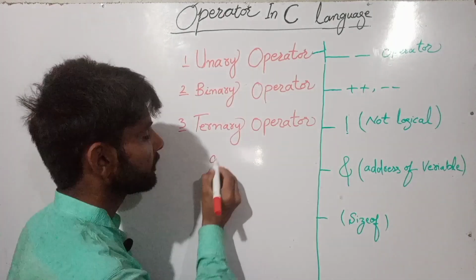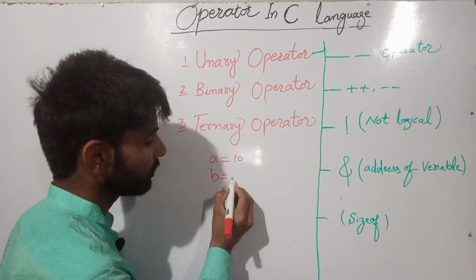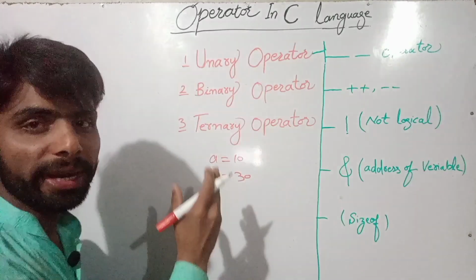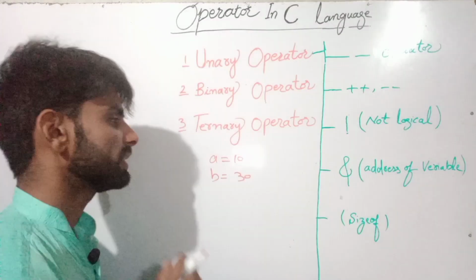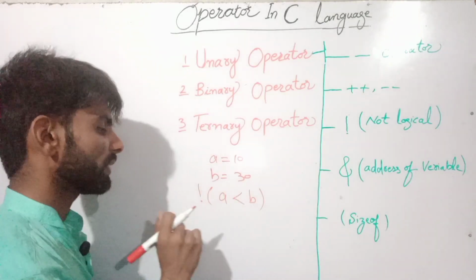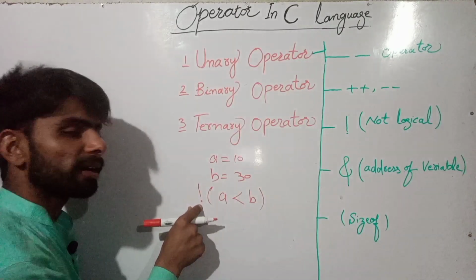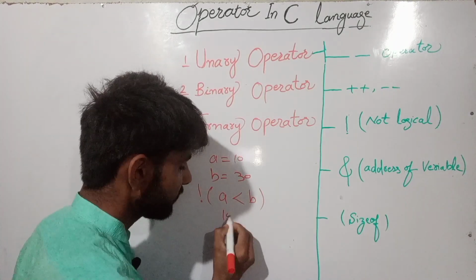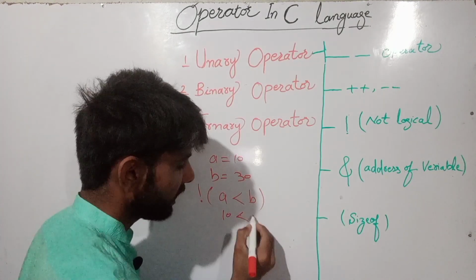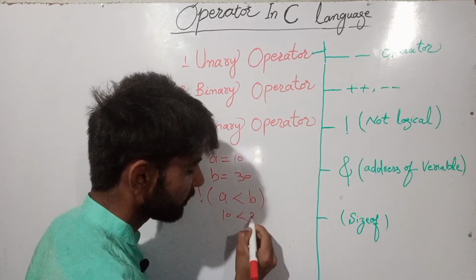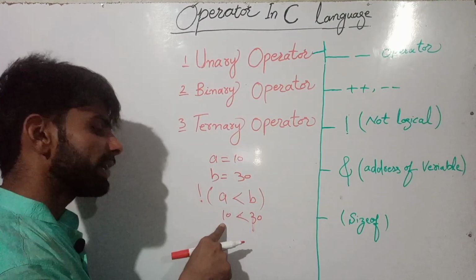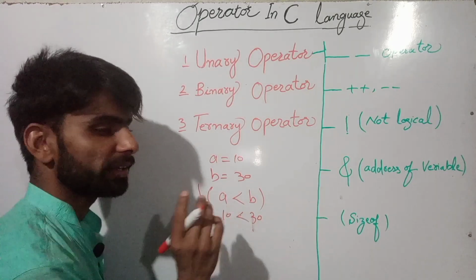Suppose a is 10 and b is equal to 30, right? So two values I have written here. Now we will write a condition using the less than operator, and we have applied the not operator. What does that mean? Here is 10 and here is 30. This statement is true because 10 is less than 30, right?